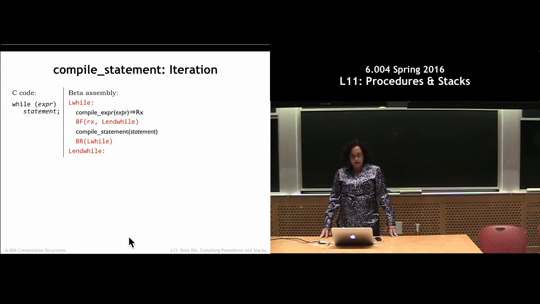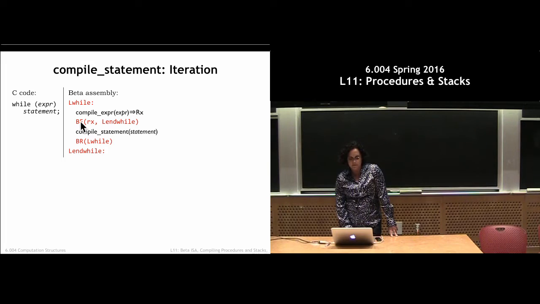So we've got also iteration, which is a while loop, which is basically saying, while this expression is true, I want to keep executing this statement. And so what that gets translated into is we have this label L while, and we call compile expression on this expression, store that value into Rx.